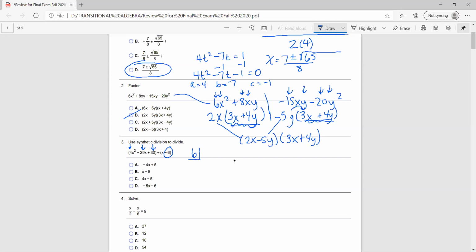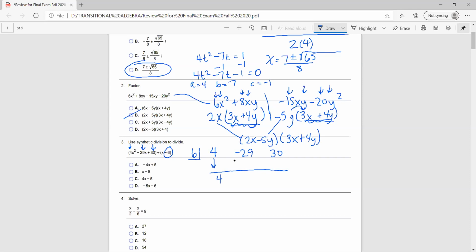So the next term would be x to the first, and then we would have x to the 0 power, and this one's good. If it was missing something, we would need to put a 0 for that. So we've got a 4, -29, and a 30.